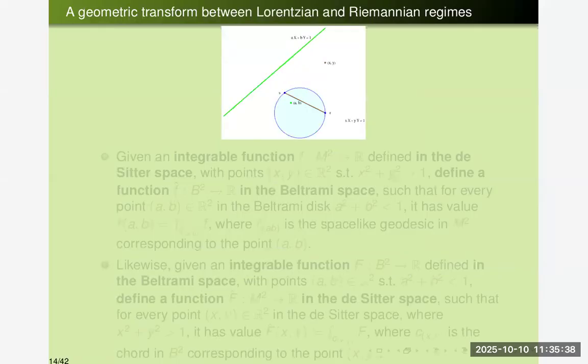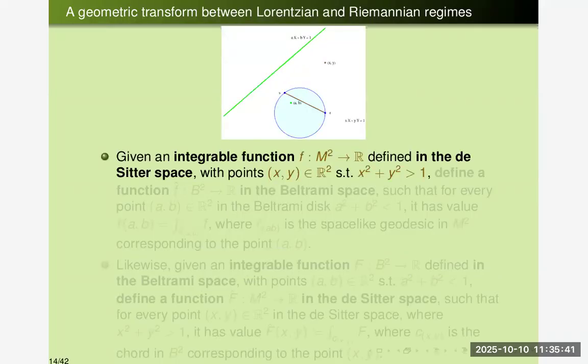So I say that if I have an integrable function f in the de Sitter space, so here in the white field, define a function f hat in here in the following way: the value of this function f hat at a point AB will be the value of the function f integrated over the line corresponding to AB.